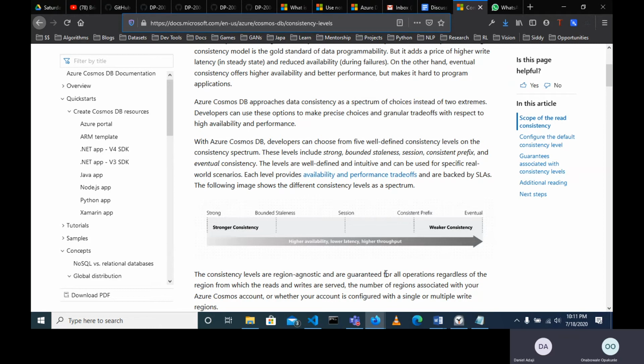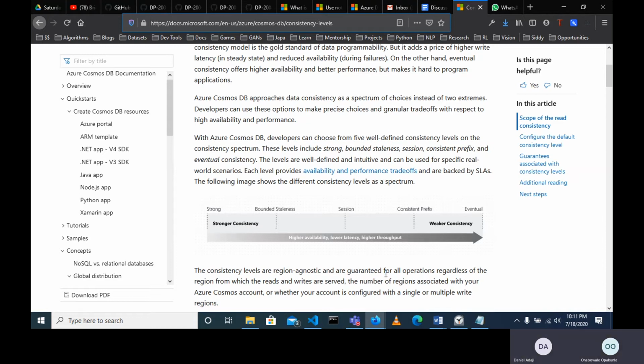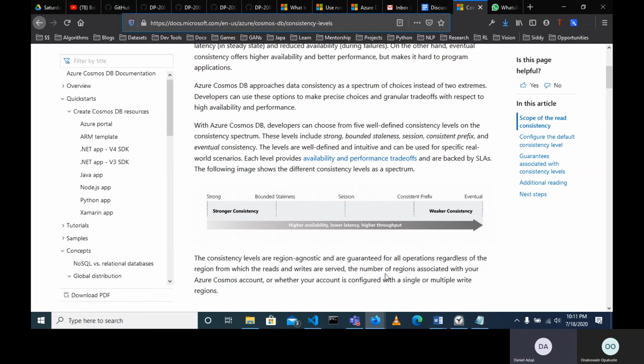So throughput is the amount of items, say queries or processes, or the performance of the database in a different region.